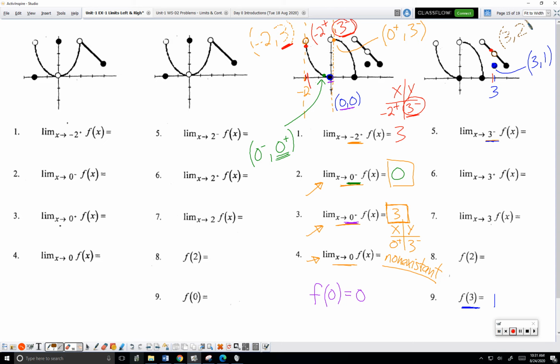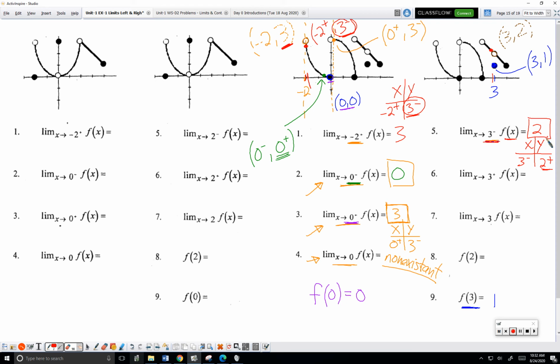That's just a ghost. So I'm not looking at that. I'm looking at the red dot. The red dot has an x-coordinate that is slightly negative of 3. And the y-coordinate right there is slightly more than 2. So as x gets infinitesimally close to equaling 3 from the negative side, the y-coordinate is getting infinitesimally close to equaling 2. Therefore, the value of that limit is 2.